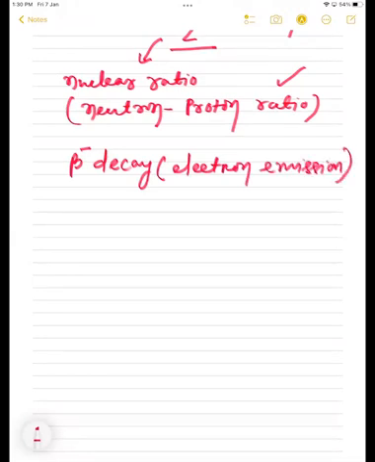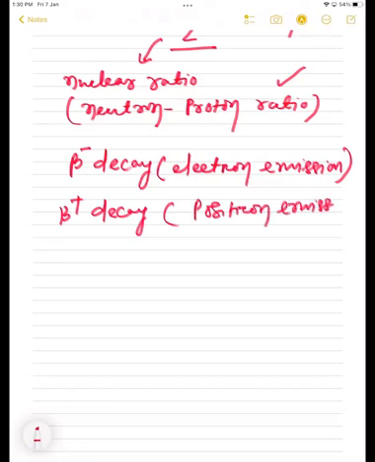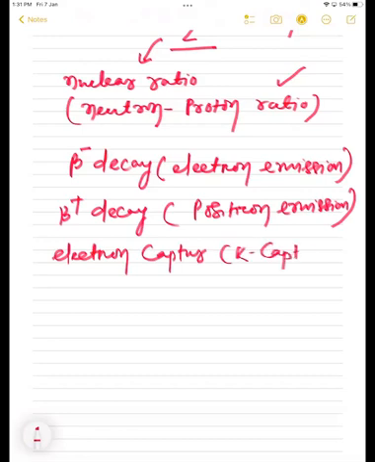Then beta plus decay means positron emission. Then electron capture, that is K capture. One by one we'll discuss what happens in every case.